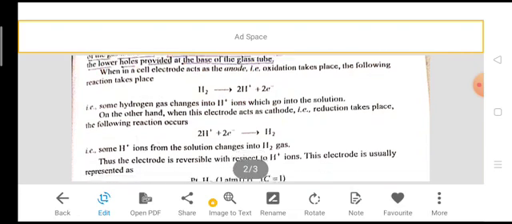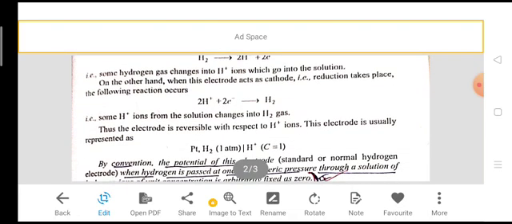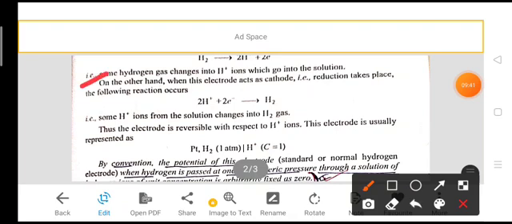On the other hand, when the electrode acts as cathode, that is reduction takes place, and this reaction occurs. The H plus ions from the solution gain electrons to form hydrogen gas. So some H plus ions from the solution gain electrons and change into hydrogen gas.